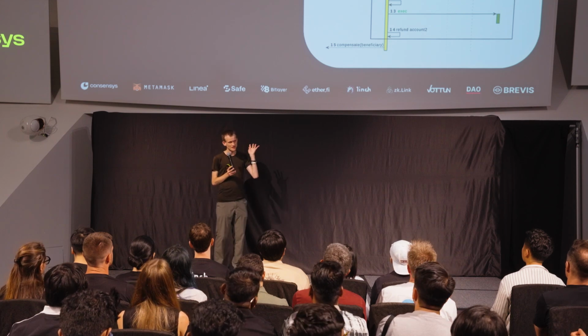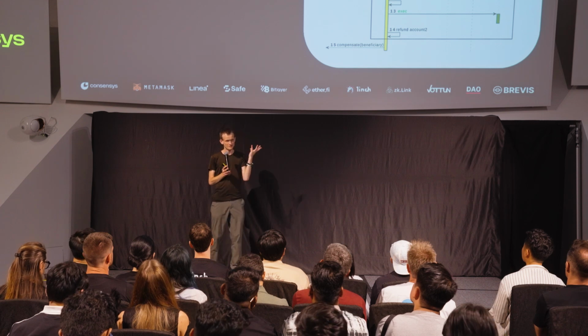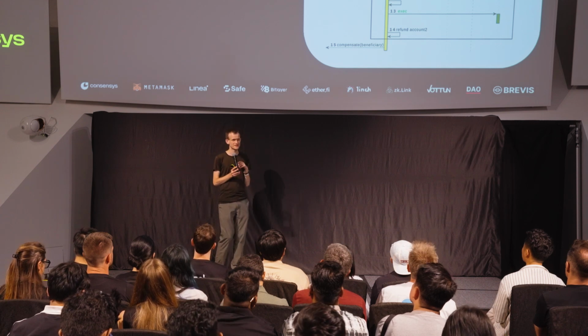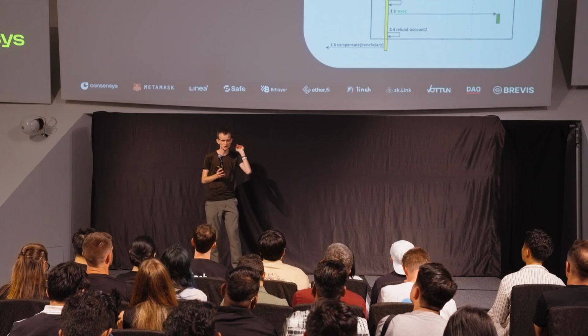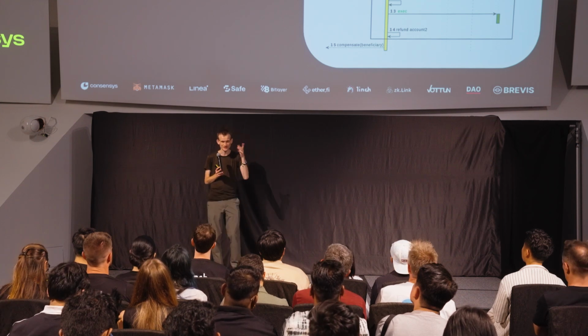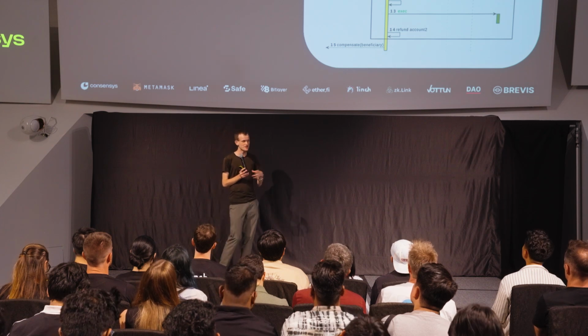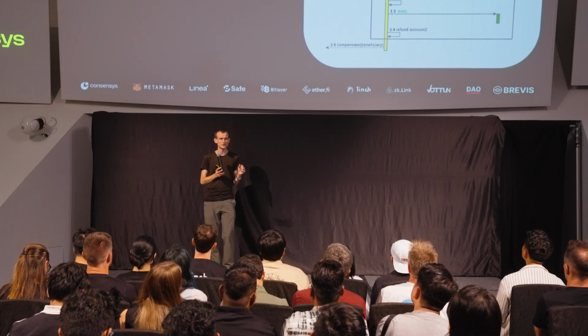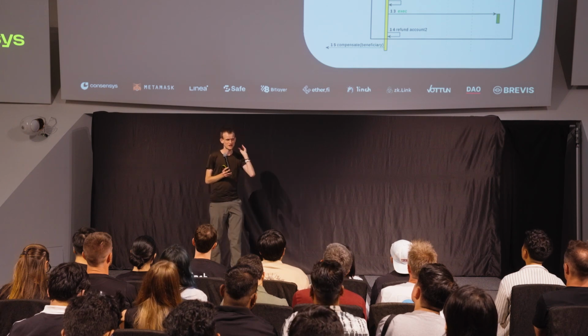Then there are also custom validation conditions. If you're sending a small amount of money, require one key. If you're sending a larger amount, require four out of seven. This is how the Ethereum Foundation wallet works, for example. So there's a whole bunch of different use cases that try to implement more complicated logic in the validation step.